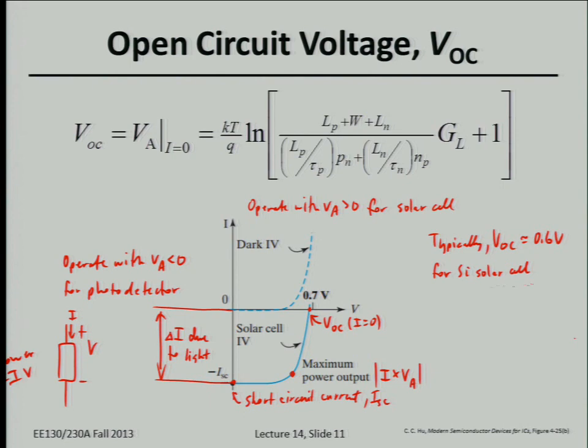I_SC depends on the area, the junction area, so I'll give it to you in terms of amps per centimeter squared. This is J_SC, sorry. Depending on the area of the solar cell, you can get this much current to flow.